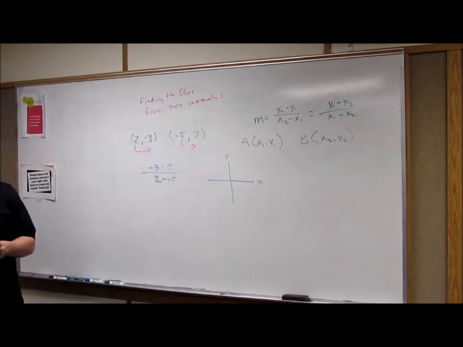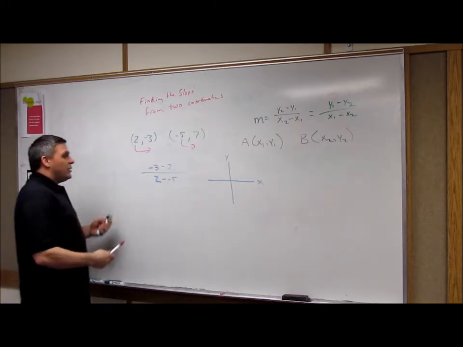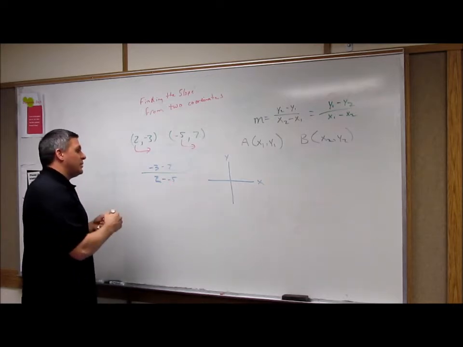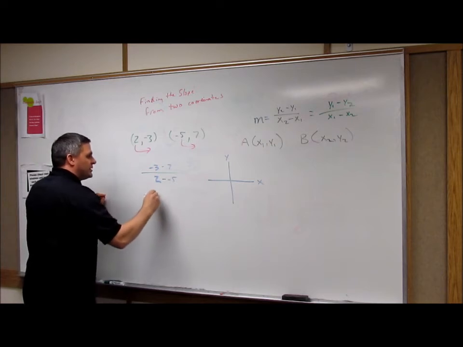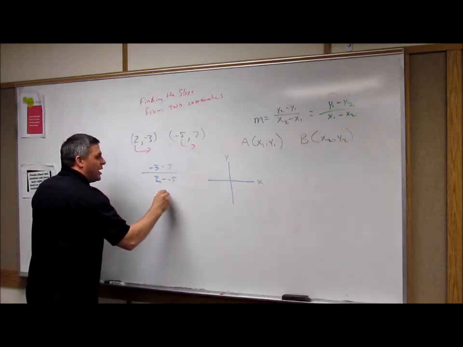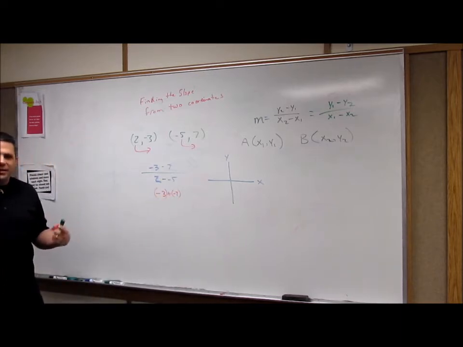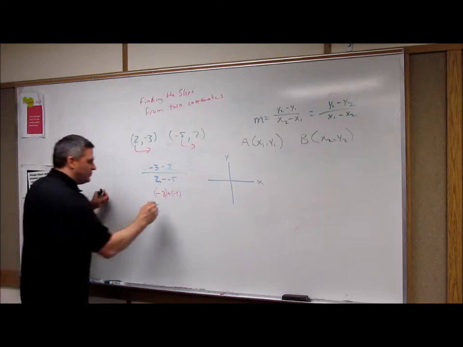Notice I'm using different colors because I want you to see that we put in a negative here and there was already a negative here. So what's going to happen? This is going to be negative 3 plus a negative 7, because it's easier to think of those kind of like adding than subtracting, right?